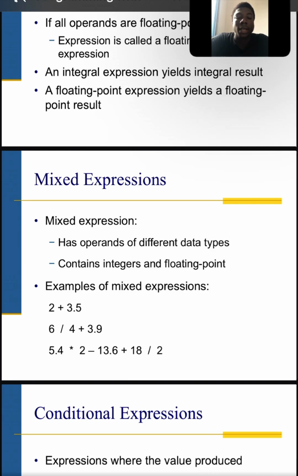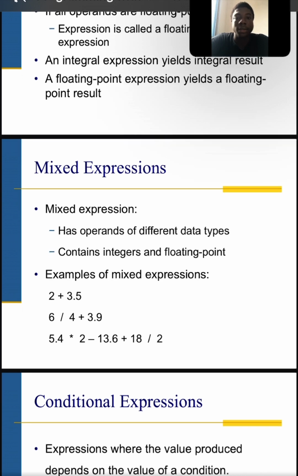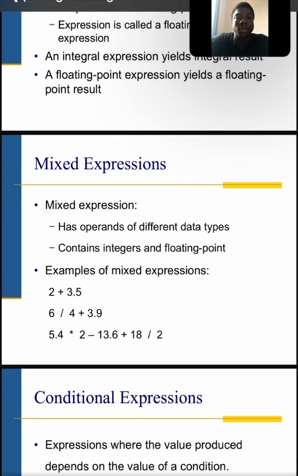And with a relational expression, it's either true or false. For example, x is less than or equal to y, and x plus y is less than or equal to 2. So it is either true or false.